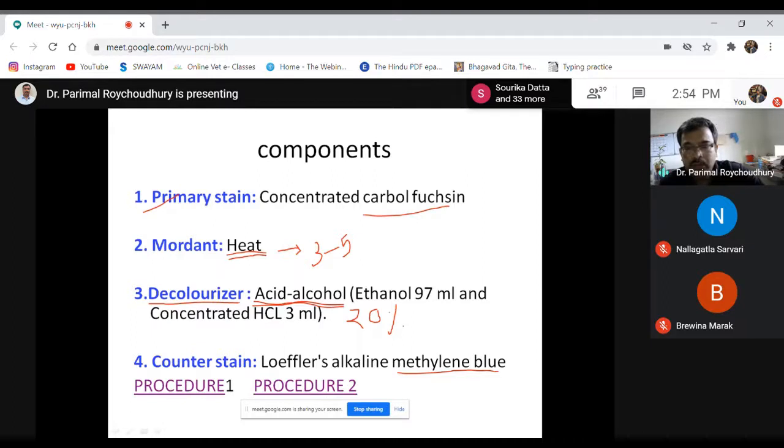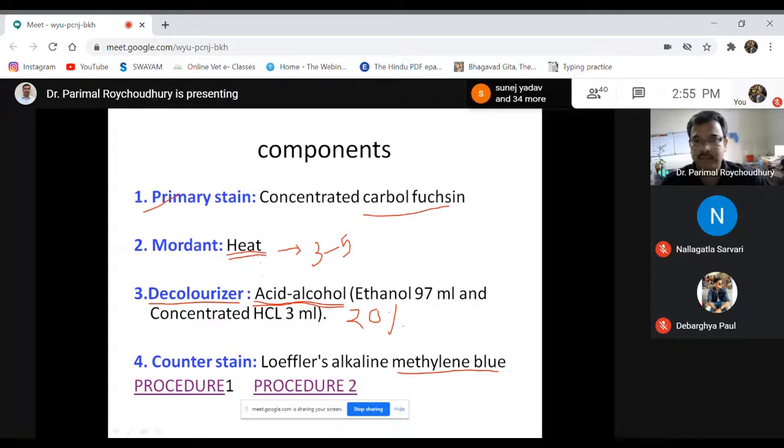As you know, all the non-acid fast bacteria, although they will take the color at the beginning stage, when you apply this acid alcohol, will readily decolorize. The color will be removed. But because of the presence of mycolic acids and arabinogalactan forming the waxy component on the cell wall, the acid fast bacteria will not decolorize.